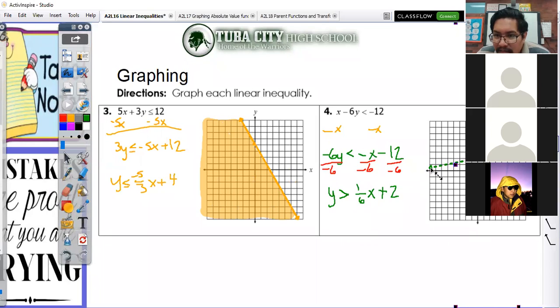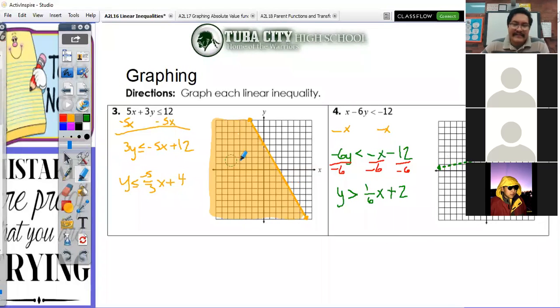Anyway, so down 1, back 6, and it looks like we crossed that area too, so close enough. And again, make sure your line goes all the way from one edge to the other edge.